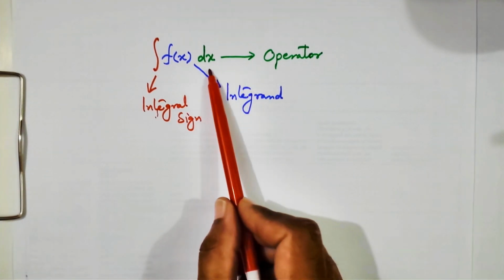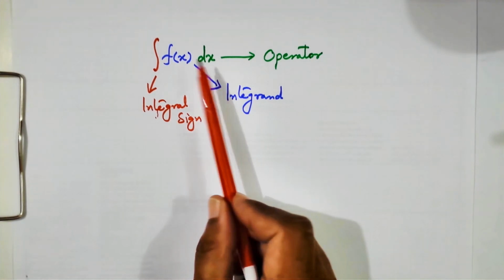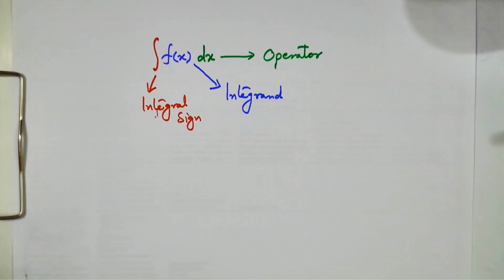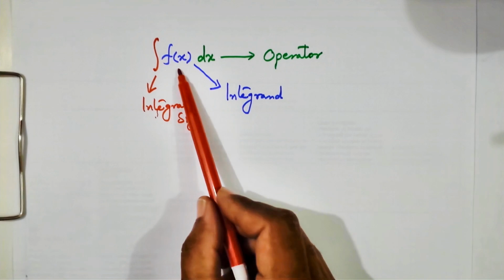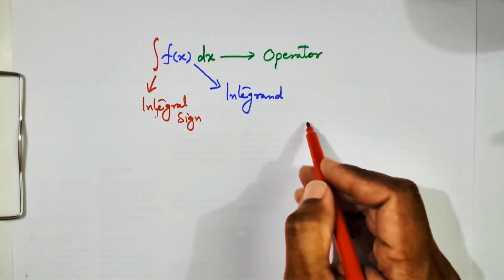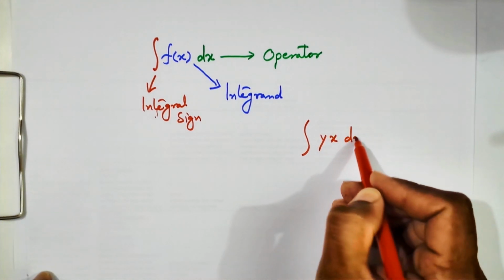This operator, involving a variable, decides on which variable of the function we will follow the rule or formula of integration. If in the function there is any other variable, suppose this is the question.